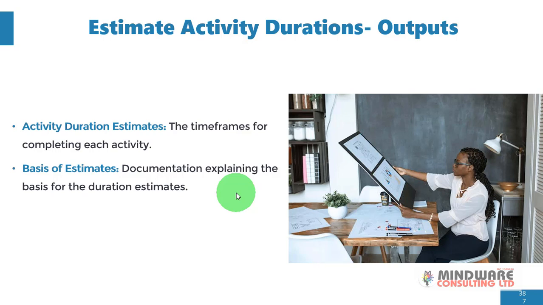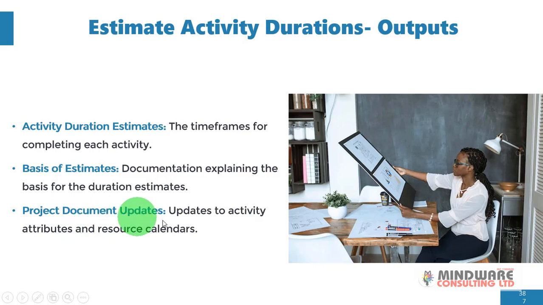Why is this activity supposed to take this long and this activity takes this long? So you have to justify the duration that you have estimated for each activity. This particular document, the basis of estimates, provides that explanation. So it's an output in this particular process.